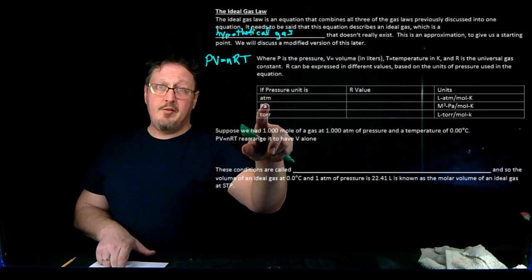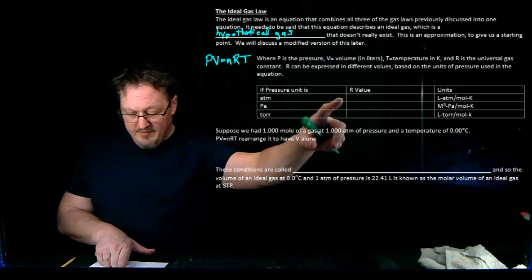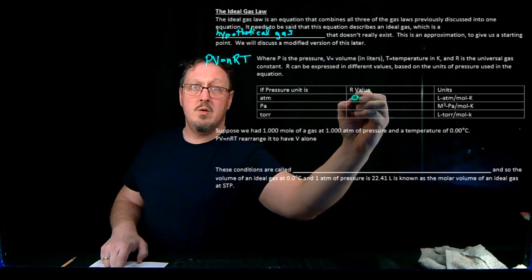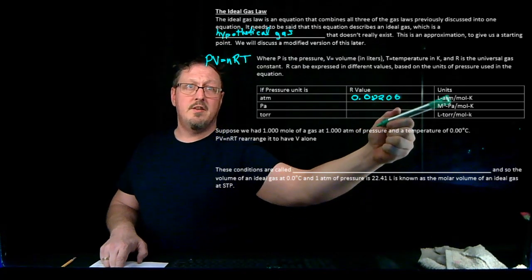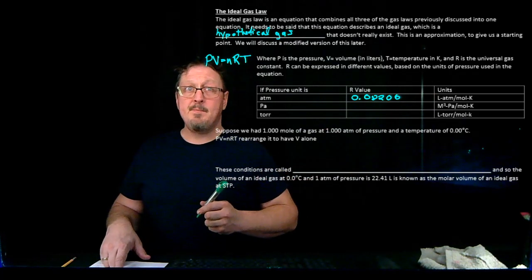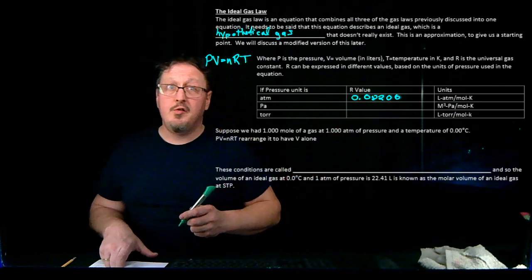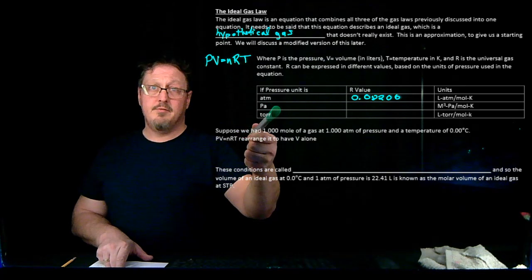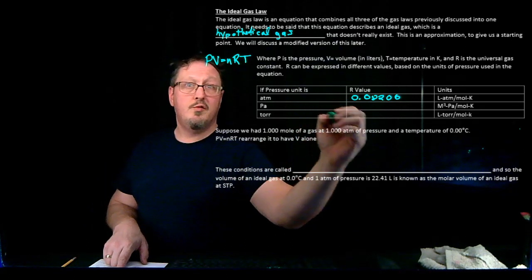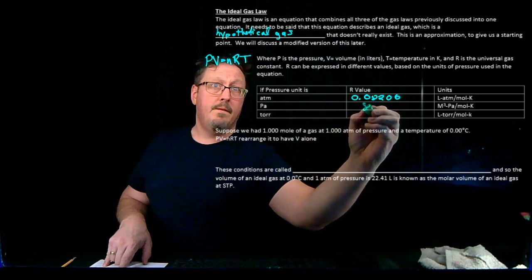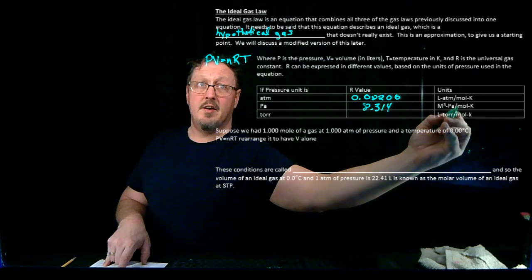If your pressure is given to you in atmospheres, you're going to use an R value of 0.08206 liters times atmospheres divided by mole times K. If your pressure comes to you in pascals, and you didn't want to convert it to atmospheres, the R value that you would use would be 8.314 meters cubed pascals divided by moles times K.